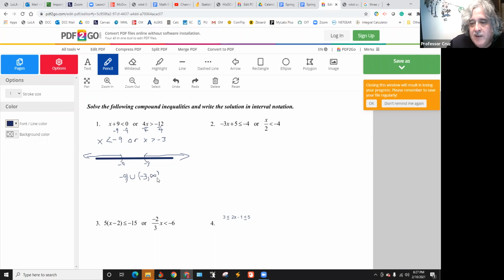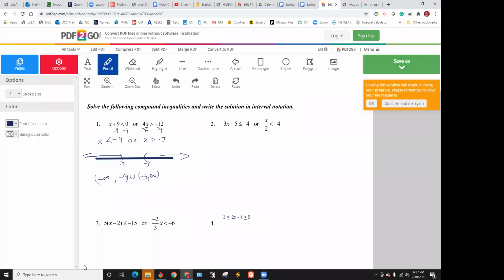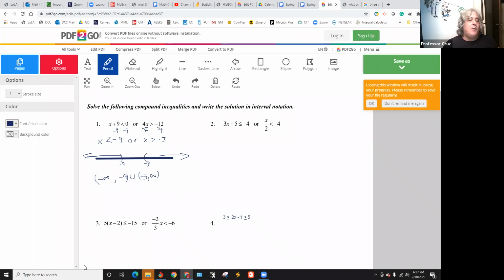Positive infinity is on that side, because if you're going in the direction of that arrow, that's positive infinity. If you're going in the other direction, that's negative infinity. Does it matter how you write the inequality? What do you mean how you write it?